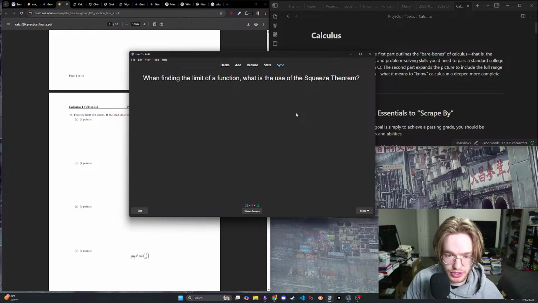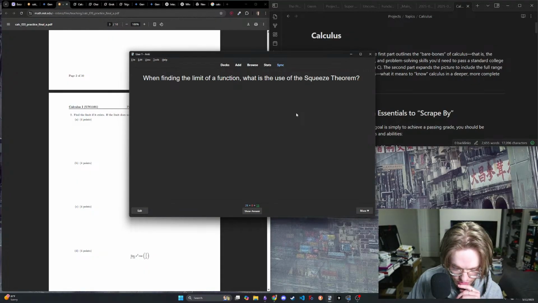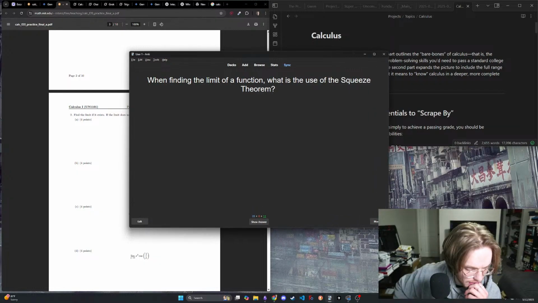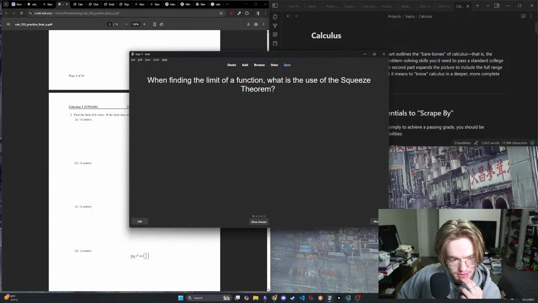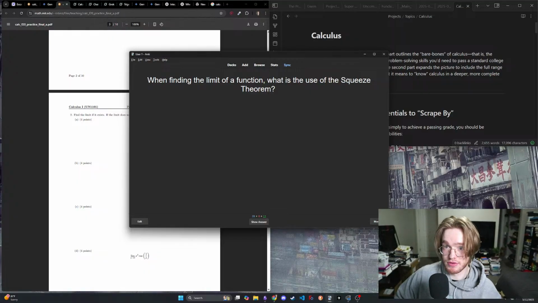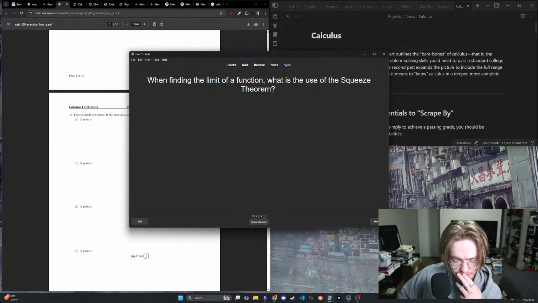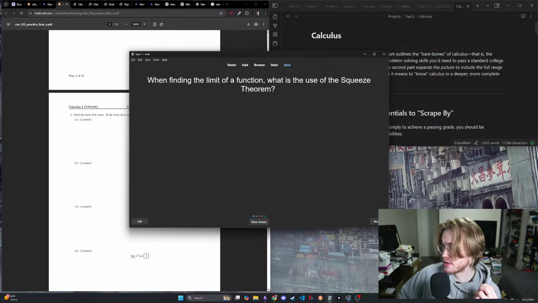So when finding the limit of the function, if for some reason we can't evaluate the limit of the function directly, so say we plug in a value and it does not get us a nice answer, for example, if it leaves us with dividing by 0, we can use the squeeze theorem, and this would take two functions. Let's see, how do we go about this again?